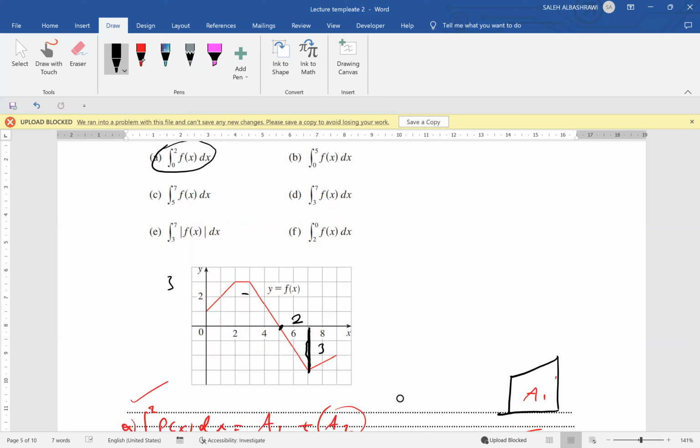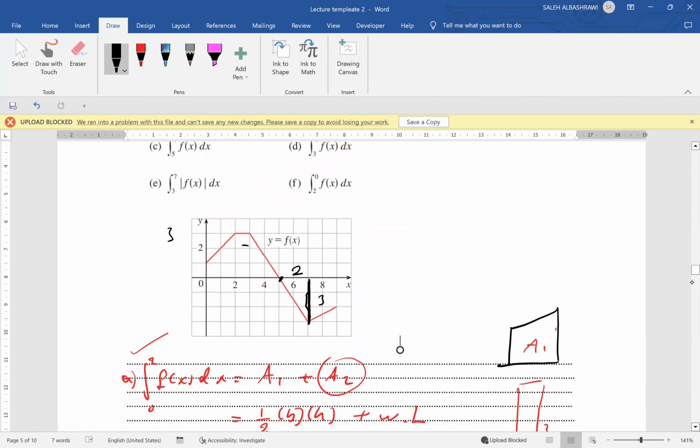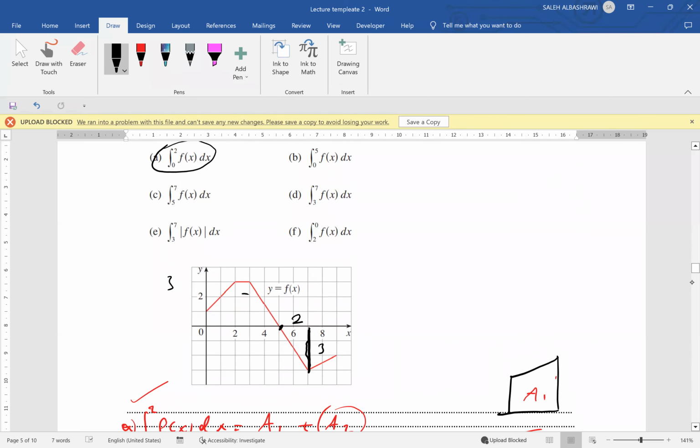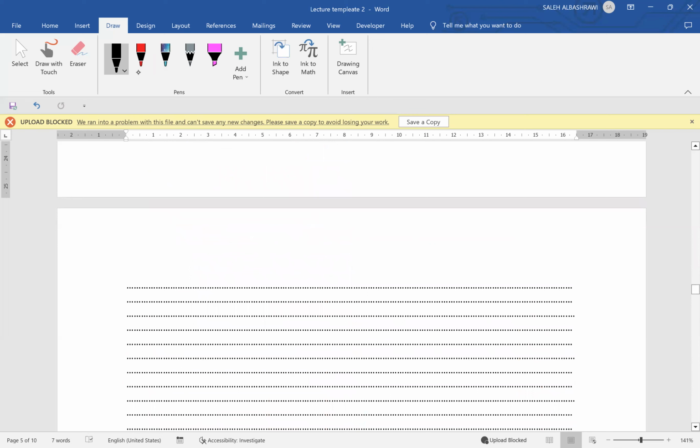But this area is under the x-axis, which means that the value for this definite integral will be negative. So in this case, it is given from 7 to 5, not 5 to 7. It is reversed. 5 to 7, let's see.